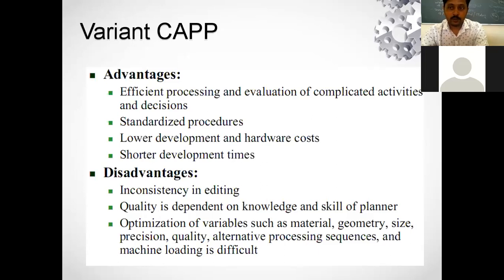Again, the human resource is involved as a planner, so the knowledge and skill of that planner is at stake. Optimization of variables such as material, geometry, size, precision, quality, alternative processing sequences, and machine loading is quite difficult in this type of CAPP.